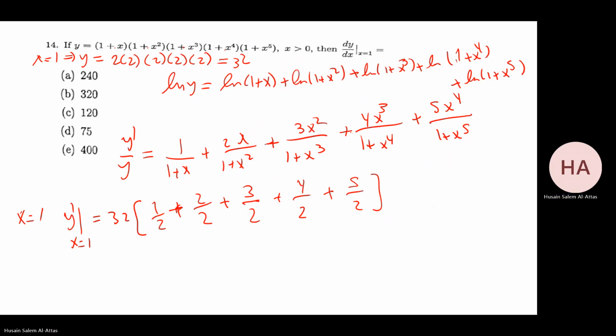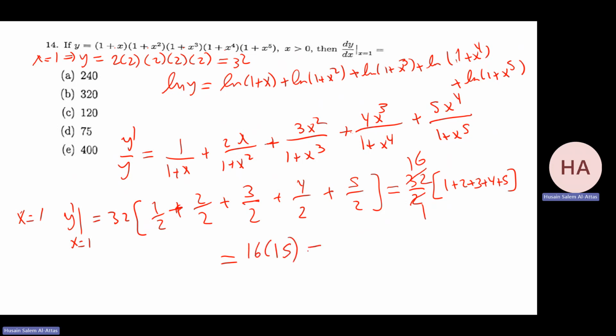So that will be 32 over 2 times 1 plus 2 plus 3 plus 4 plus 5, and that is 15. This is 16, so I have 16 times 15, and that is 240, which is this one.